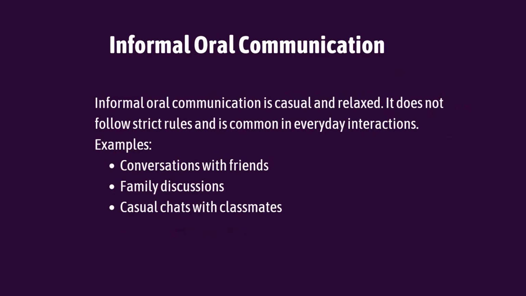It's an everyday conversation, like talking to your friends, family discussions, casual chats with classmates. As long as you're talking in a casual, relaxed way, without following any strict rules, this is what is called informal oral communication.